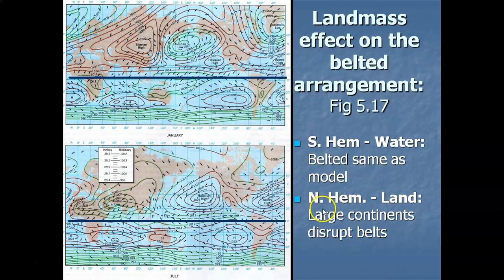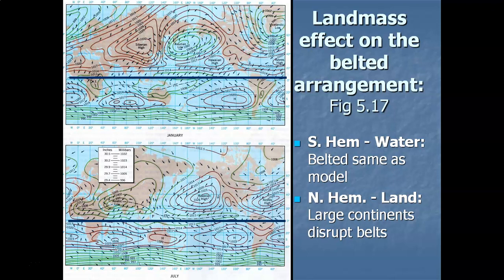Now, the big problem is the northern hemisphere. The model is good, and you absolutely need to know the model. But you also need to be aware of this fact, that in the northern hemisphere, the land hemisphere, we've got large continents like Eurasia and North America that heat up to a high temperature in summertime and cool down tremendously in wintertime.